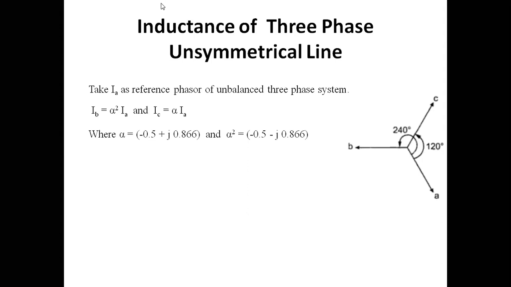Actually, from Euler's equation, alpha equals e to the power j theta, where theta is 120 degrees, e to the power j 120 degrees. How can it be written?